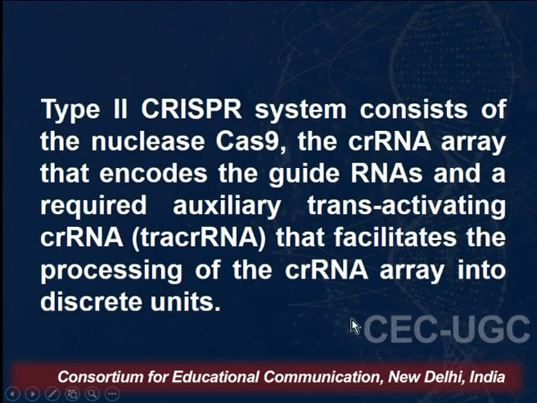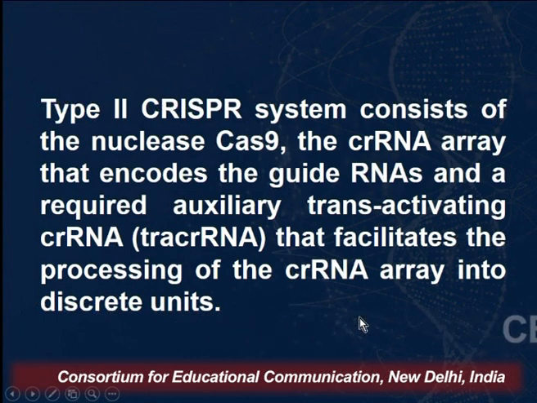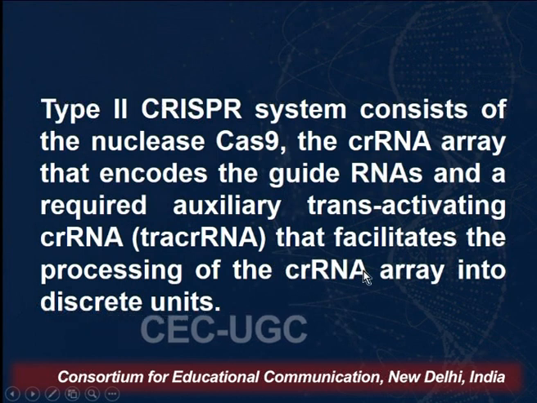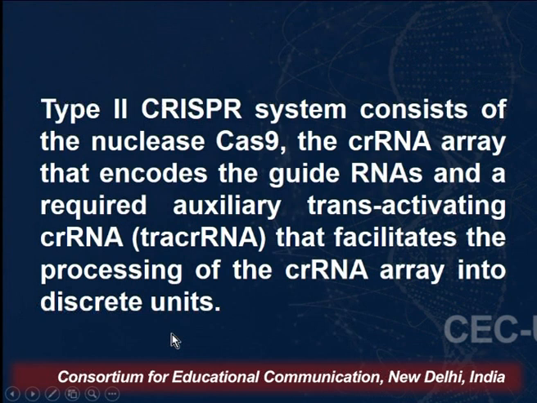The type 2 CRISPR system consists of the nuclease Cas9, the crRNA array that we have discussed, which encodes the guide RNAs, and a required auxiliary trans-activating crRNA, or tracrRNA, that facilitates the processing of the crRNA array into discrete units.